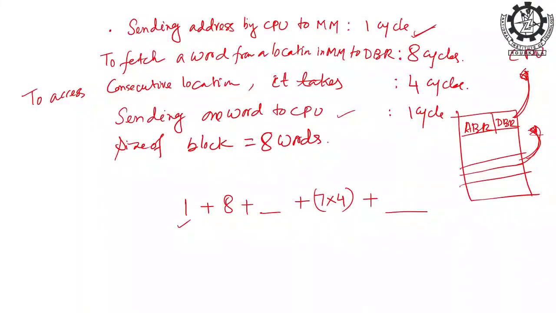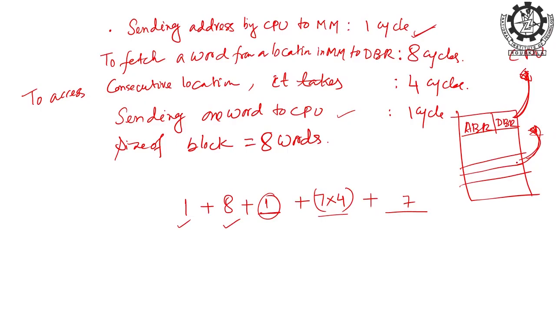So, first we understood this one, and this one also we understood. Next, once we place the data, that also has to be transferred to the CPU. So, this will take another cycle here. This will take one cycle, and next again 4 into 7, and then each time again you have to transfer it. So, again it will take 7, and then this will be the total, but that is not the correct way.